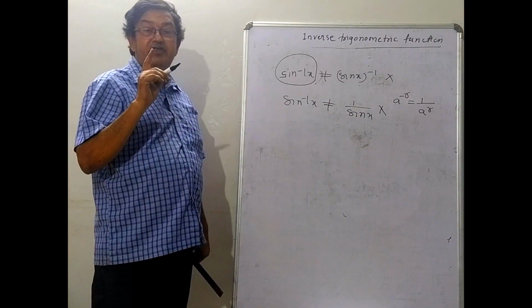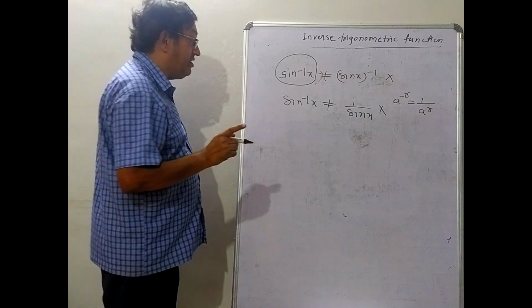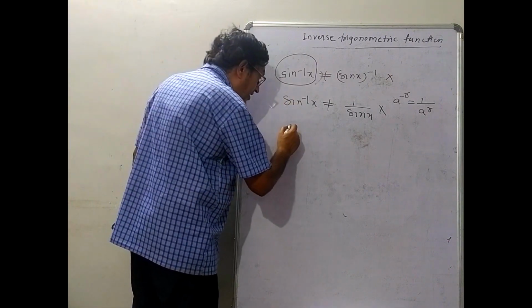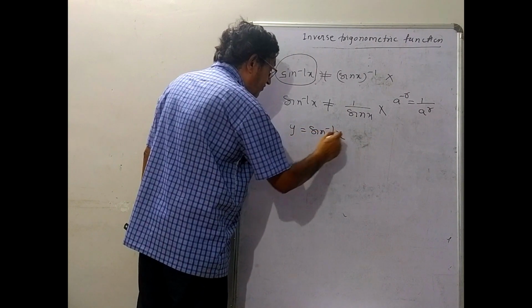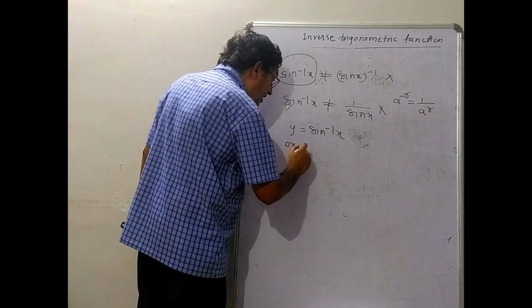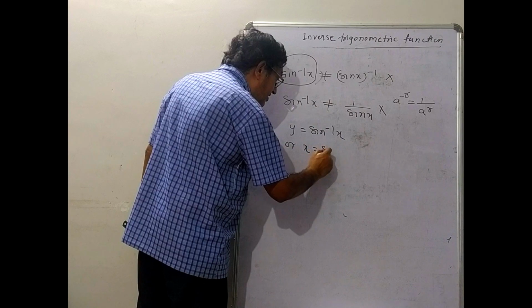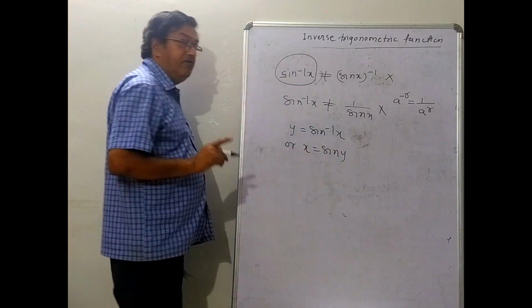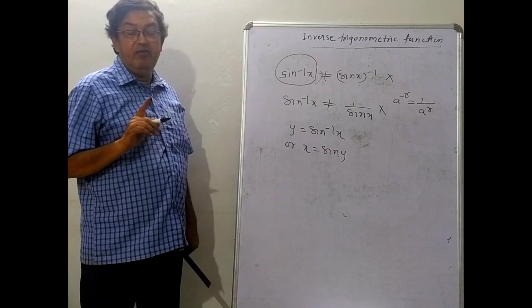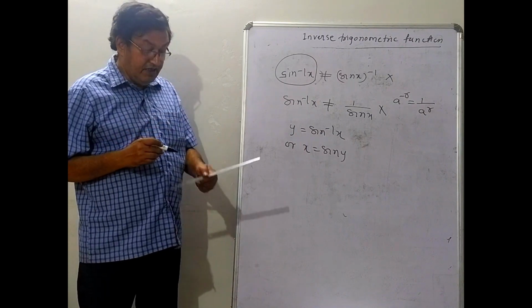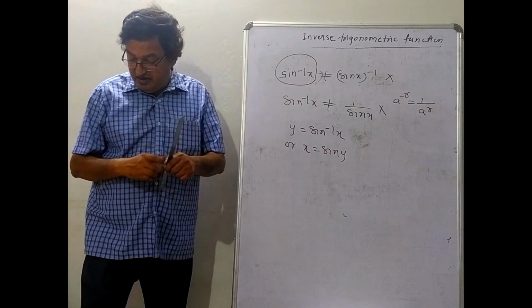Sin inverse of x is only an inverse trigonometric function. Either we write y equals sin inverse of x, or we can write x is equal to sin y. So an inverse trigonometric function can also be converted back to a trigonometric function. No other alterations are used here.